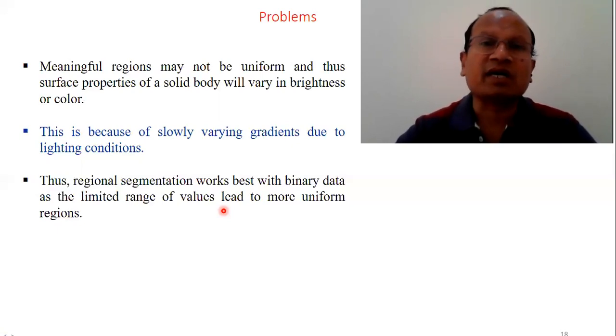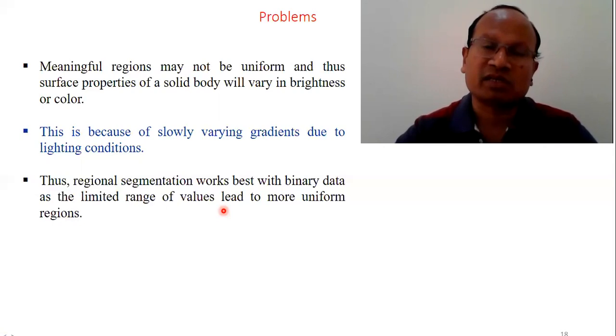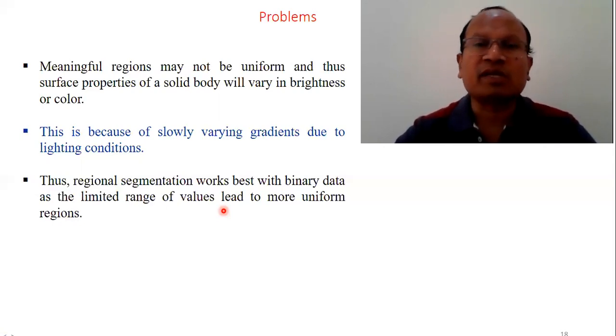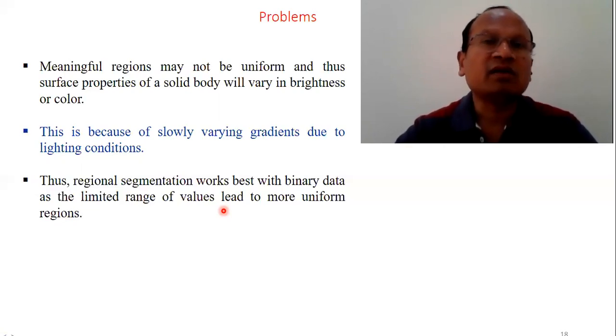If we find similarity in adjacent and neighboring regions, we merge them, connect them together, and segment the image. This region-based method is of two types: split and merge, and region growing.